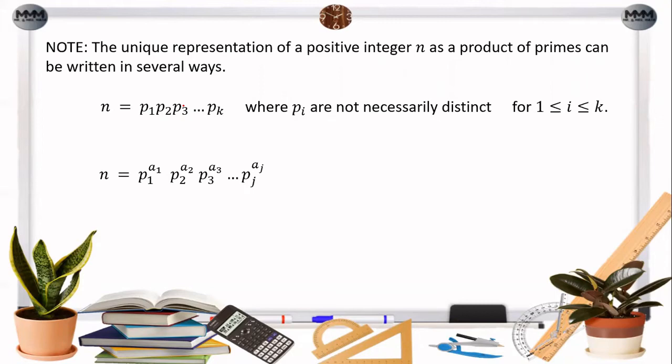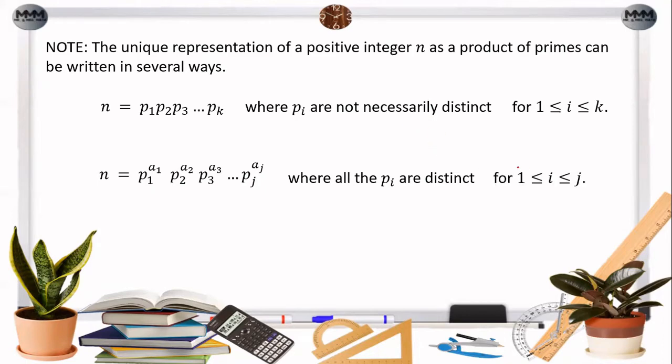Now here, for another representation of a positive integer n, we have here P1 raised to a sub 1. Here, another prime, P sub 2 raised to a sub 2, up to another prime here, P sub j raised to a sub j, where all the P sub i are distinct. So P1 is different from P2, and P1 is different from P3, and also P2 is different from P3.